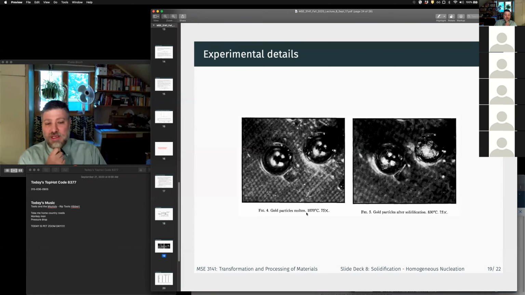And so here we see gold particles at 1070 C that are molten, and then these same gold particles as they freeze at 830, right? And you can see a visible difference when the particle goes from liquid to solid, right?